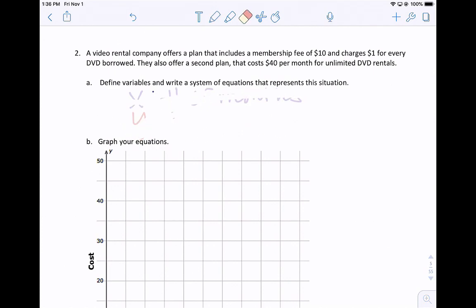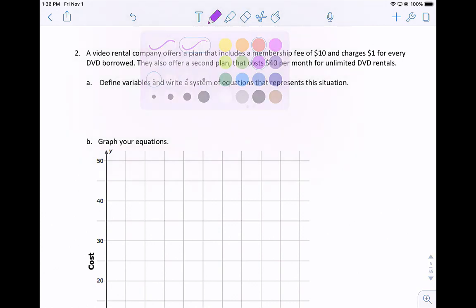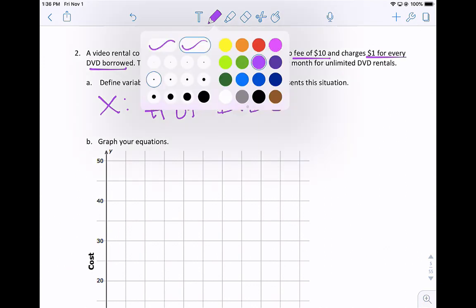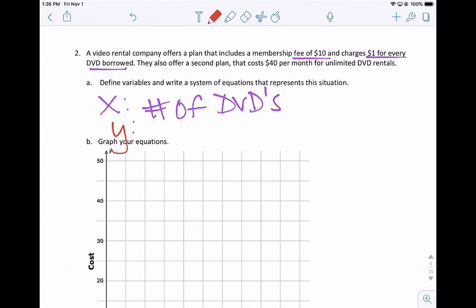Okay, so not number of months. Let's do this again. Membership $10. Okay, so number of DVDs. So X is the number of DVDs, and Y would be the total cost then. Those are the 2 variables that we're looking at.